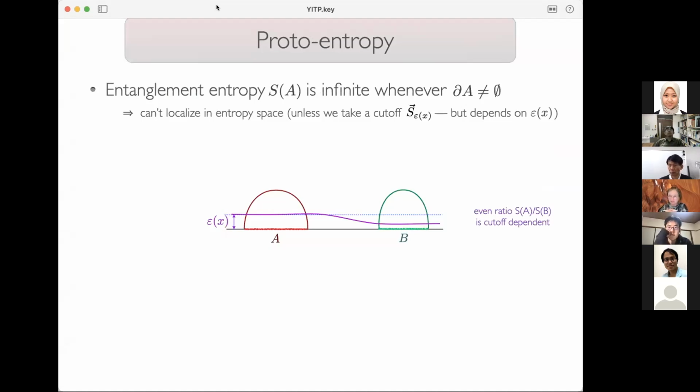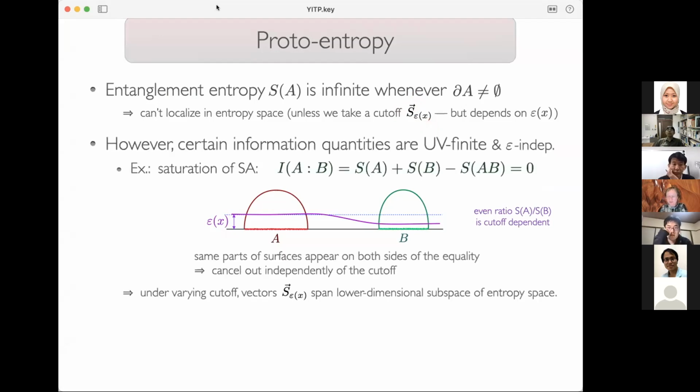So we can't quite work on just the celestial sphere of the entropy space either. We can work at some finite cutoff to get some finite entropy vector, but then it's cutoff dependent. Okay, so what do we do?